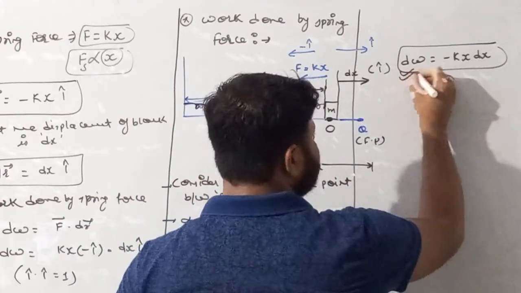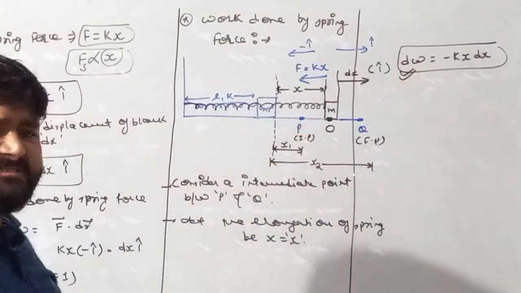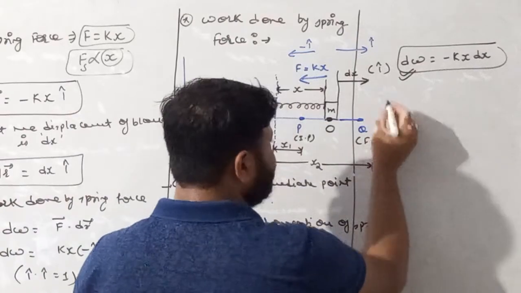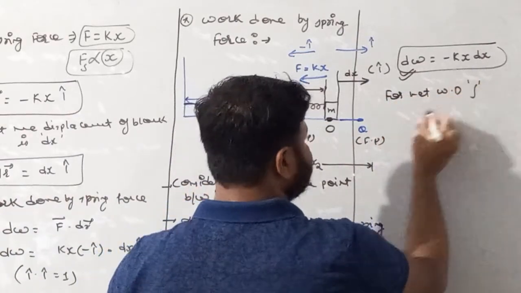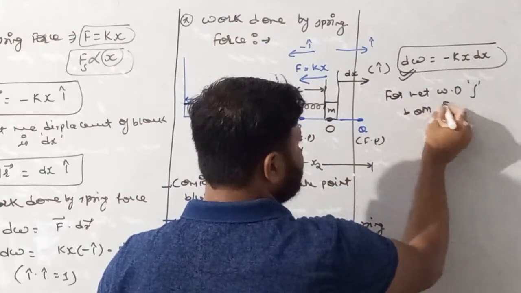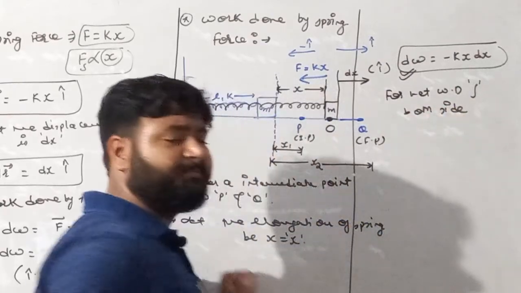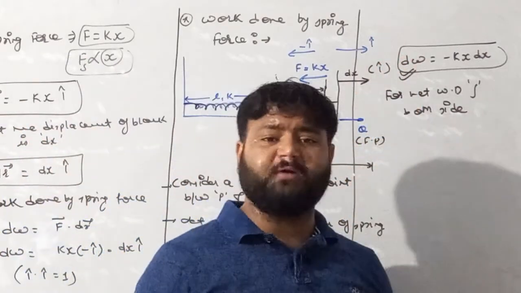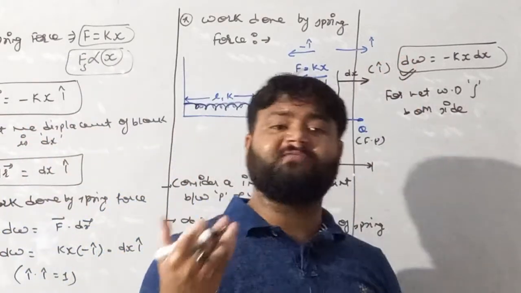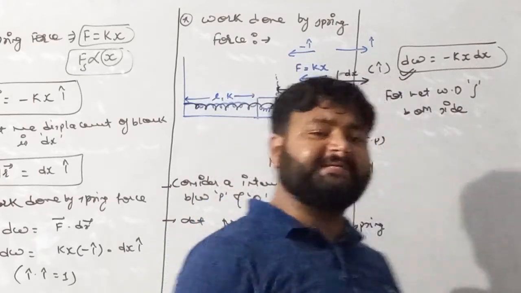So see, my dear student, this is basically the small work done by spring force. I am finding the total work done. So for net work done, integrating both sides, remember, very important concept, my dear student, in physics we'll use it a lot. If a small quantity is there and you want to find the total quantity, you have to integrate the term.